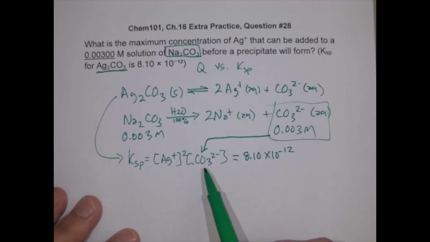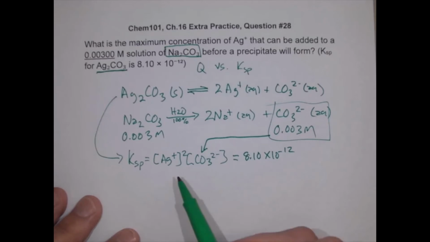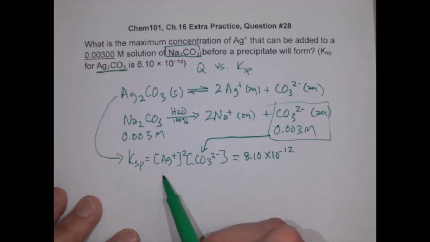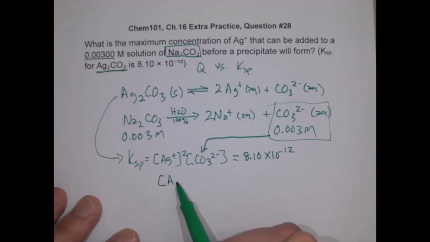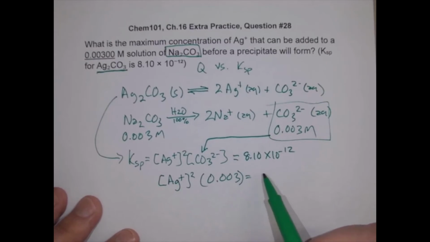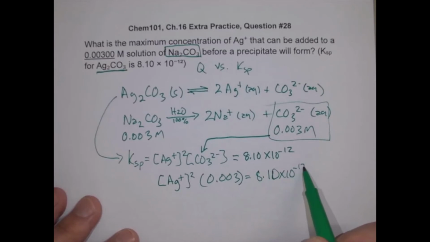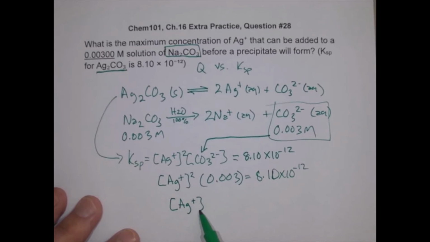If this product exceeds 8.1 times 10 to the minus 12, then I get a precipitate. So I can just rearrange and solve for the maximum amount of silver ion. The silver ion concentration squared times 0.003 equals 8.1 times 10 to the minus 12. Then you could just rearrange and isolate the concentration of silver ions.